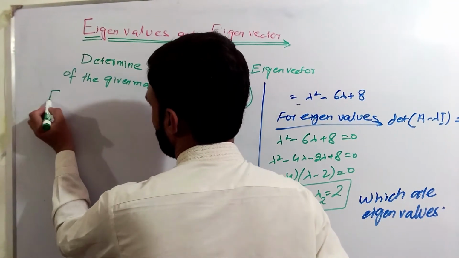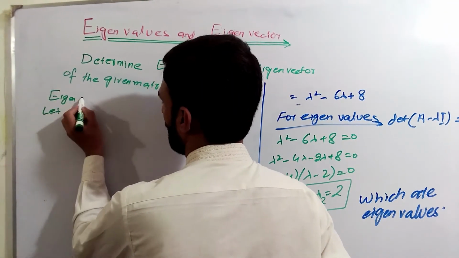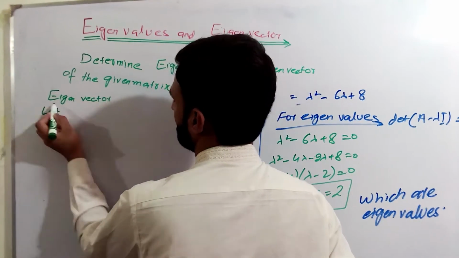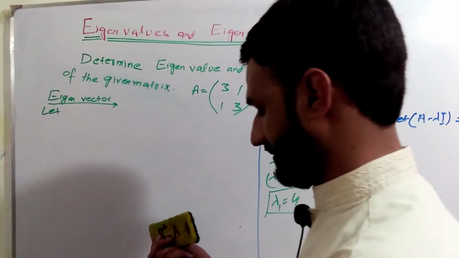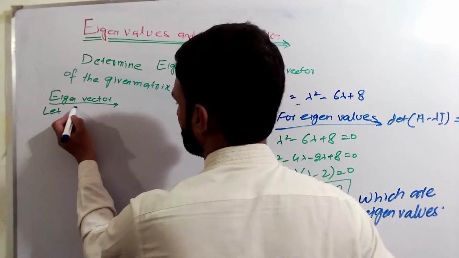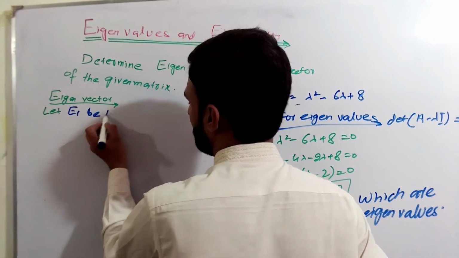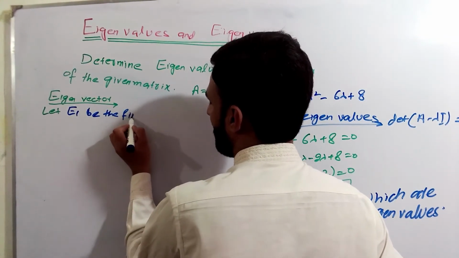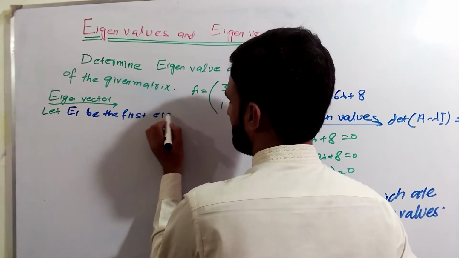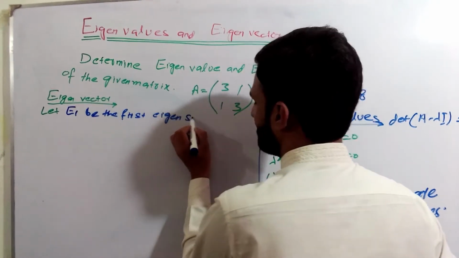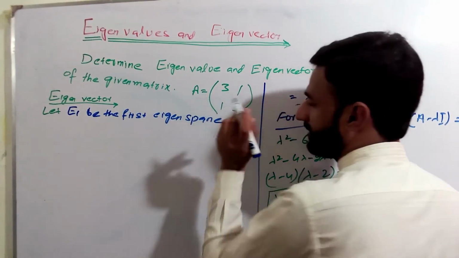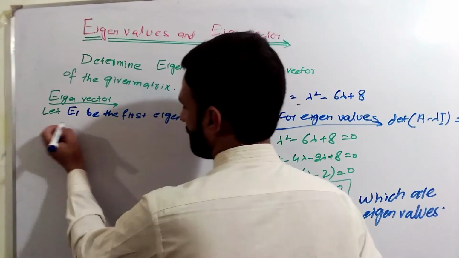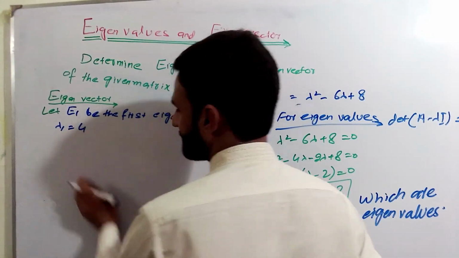Here we can give the heading eigenvector. Let E1 be the first eigenspace corresponding to the value lambda 1 equal to 4.